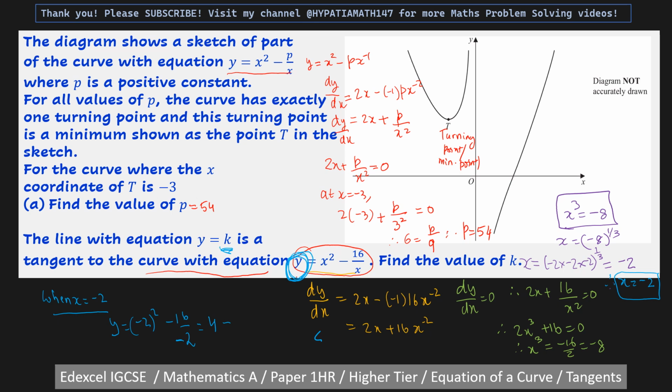So therefore 4 plus 8, and that equals 12, and that equals k. So we get k equals 12, and that is the answer.